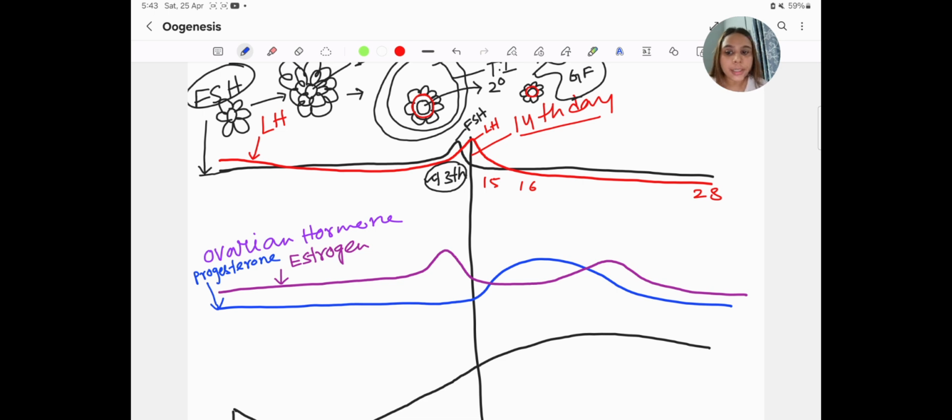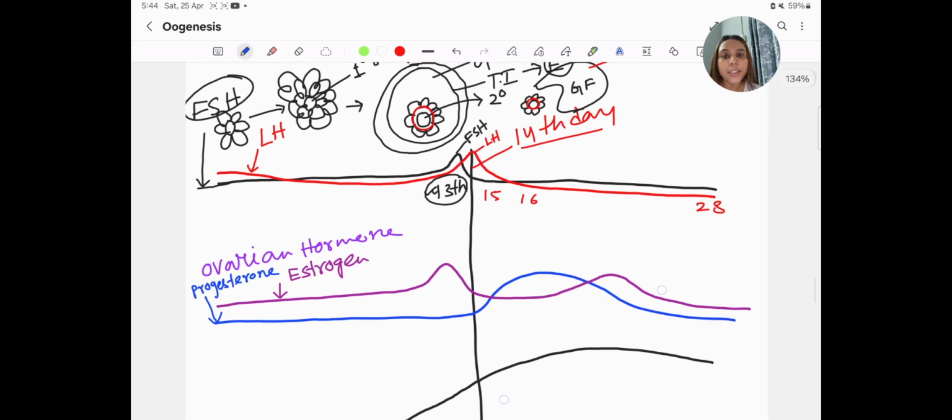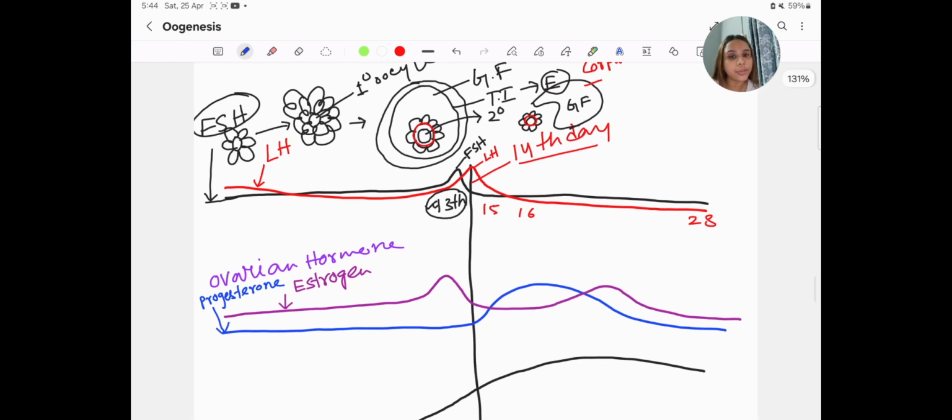We will get the surge of estrogen two times. One is before the onset of ovulation, on the 13th to 14th day, that is why we get the estrogen peak here.